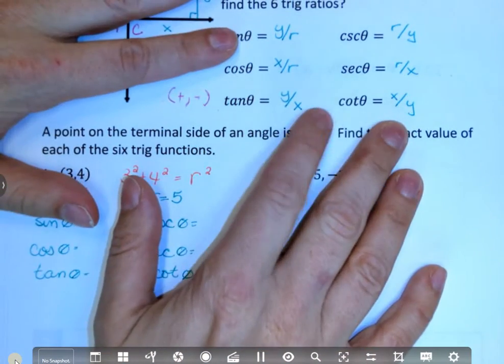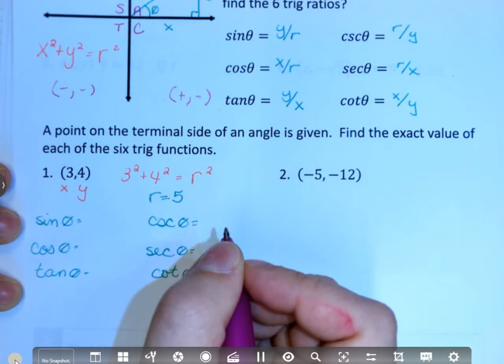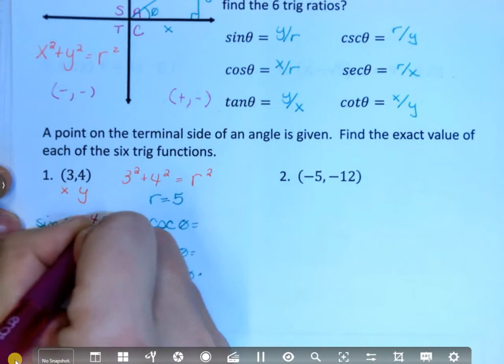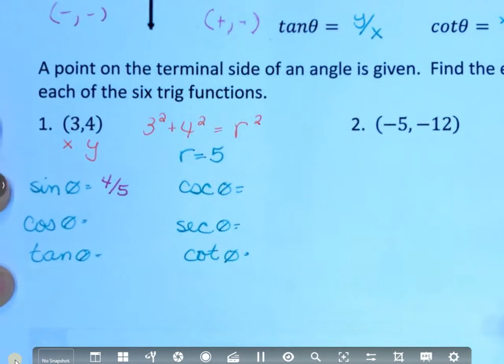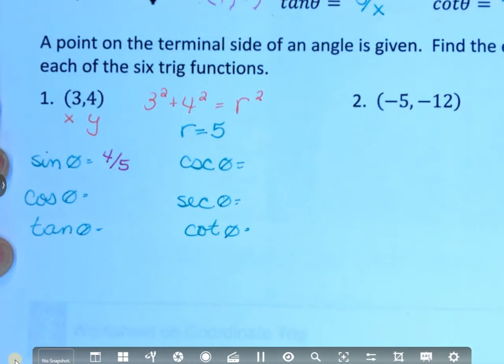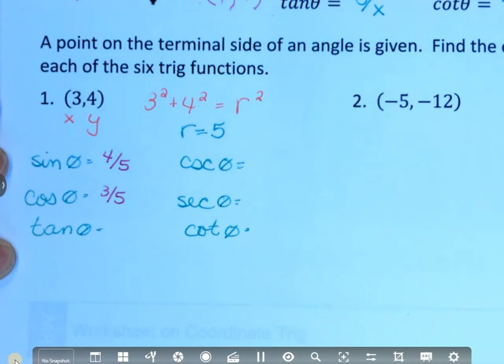Okay, so using what I have up here, what is your sine? 4 over 5. Boom. That was nice and easy. What is your cosine? 3 over 5. What is your tangent?